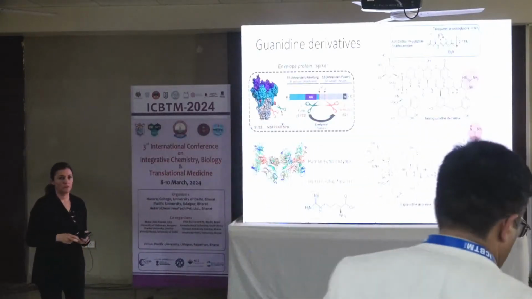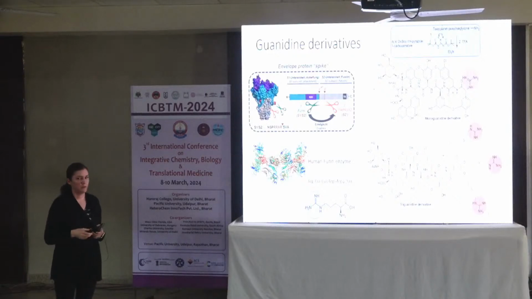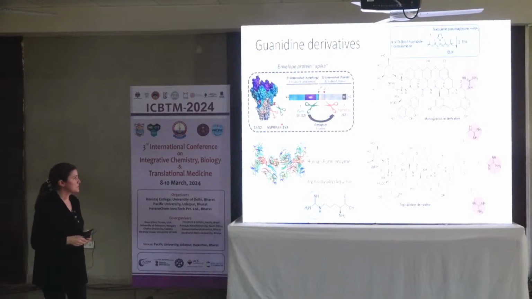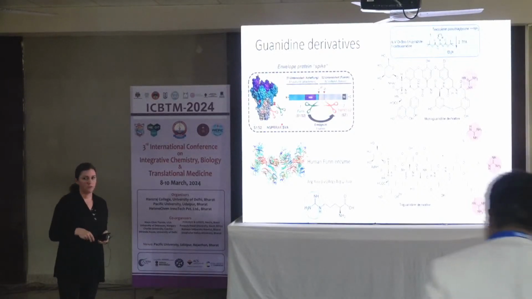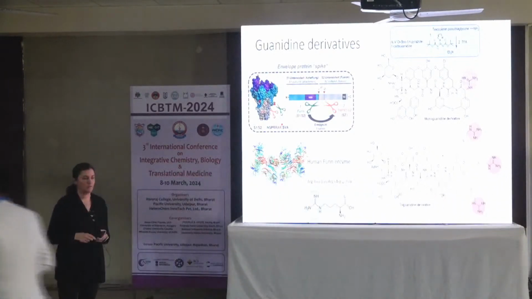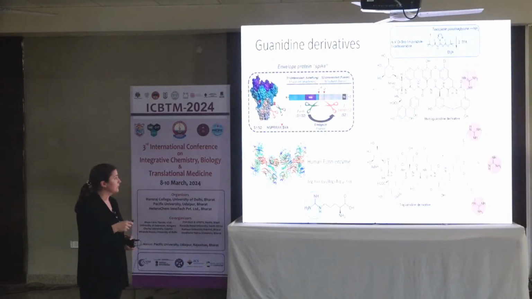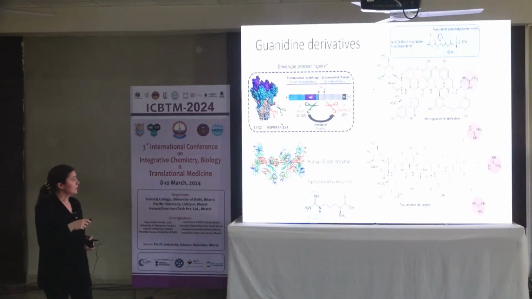So during our work, the SARS-CoV-2 pandemic began its journey around the world, so we started our work against SARS-CoV-2 as well. The spike protein of SARS-CoV-2 has a furin cleavage site.